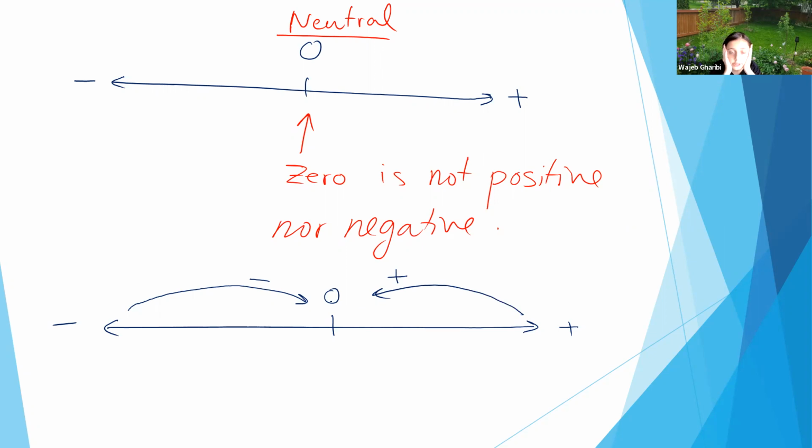So positive and negative numbers have many uses in our world. Let us have some examples. So what about debt, for example, Maria? Debt means money that you owe.